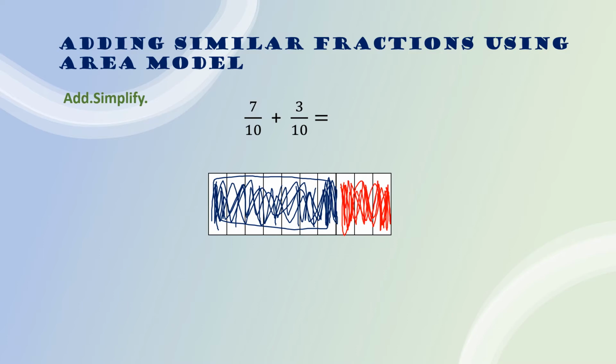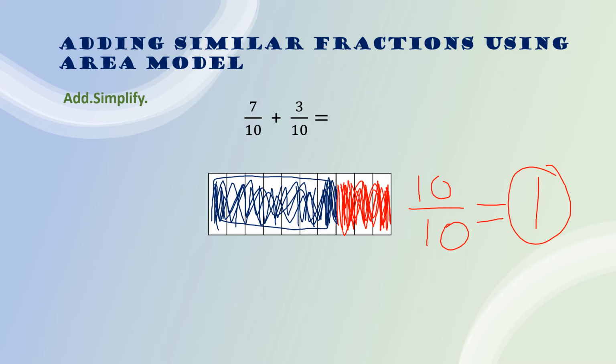And so now, how many parts are shaded? 10. How many equal parts are there? 10 also. So we shaded the whole. So it's 1. It's the same thing.